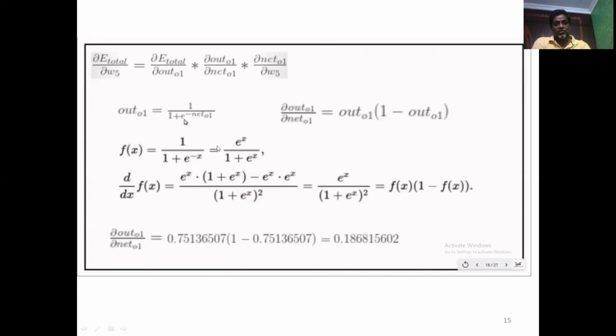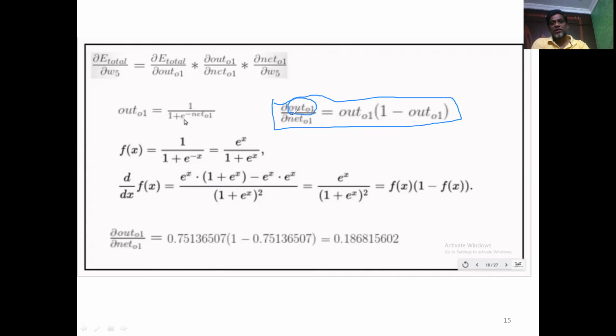Just remember this formula. There is nothing to derive over here. You just try to remember this formula whenever you have dou out O1 by dou net O1, because out O1 is a sigmoidal function.